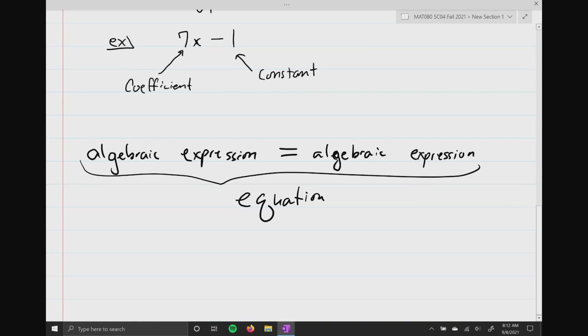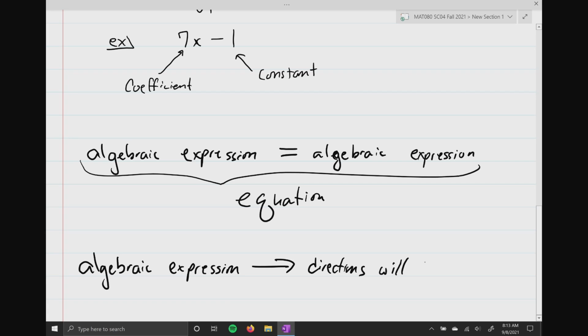So, for an algebraic expression, the directions will be simplify. All right? So even if I don't write the directions, assume if you have an algebraic expression, the directions are simplify, which means make it look smaller, combine like terms, something like that.